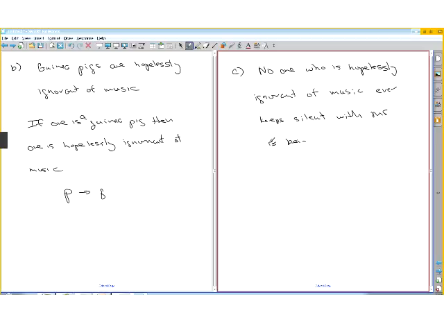Just put MS for Moonlight Sonata. So what you would say is that if one is hopelessly ignorant of music, then they do not keep silent. Okay.